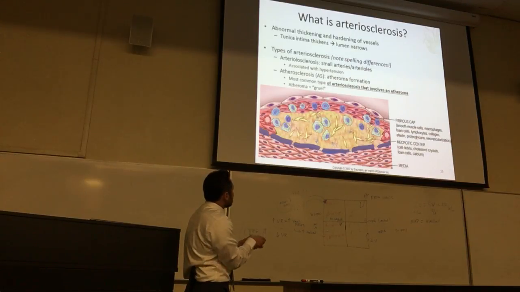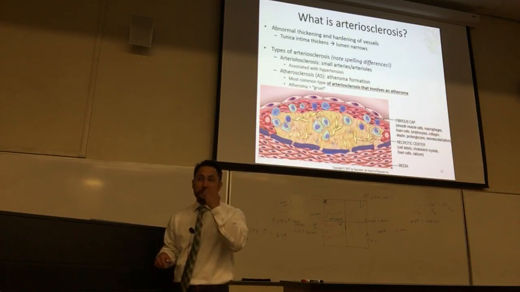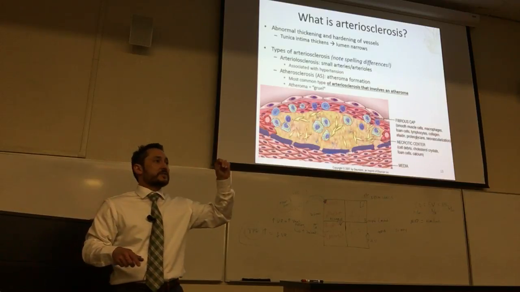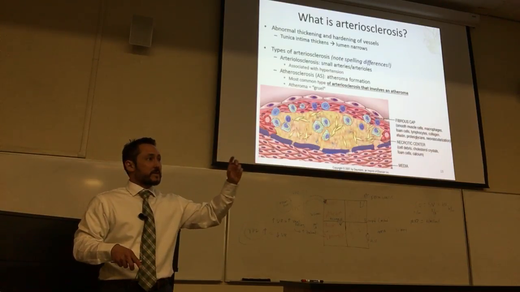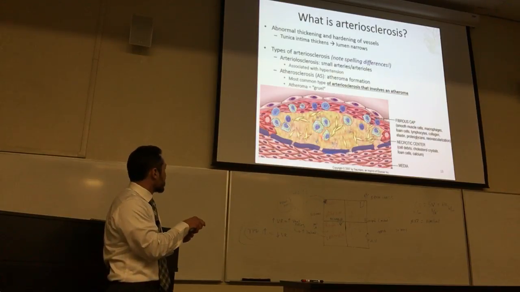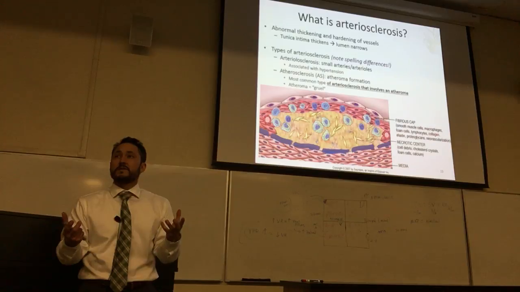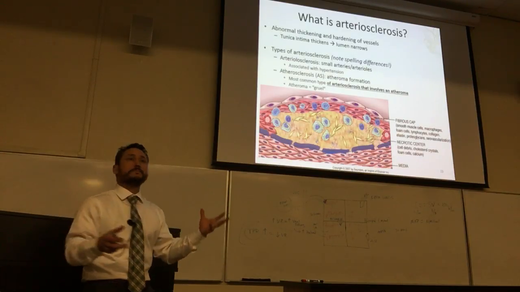This is a monocyte. Because this gets so thick, and it doesn't have a vascular supply, remember I told you the tunica adventitia is thick enough that it needs its own vascular supply. This layer is thick enough that it needs one but doesn't have one. And so you get a necrotic center in the middle because it's not getting enough blood flow. It's too far away from the blood supply because it gets so thick.